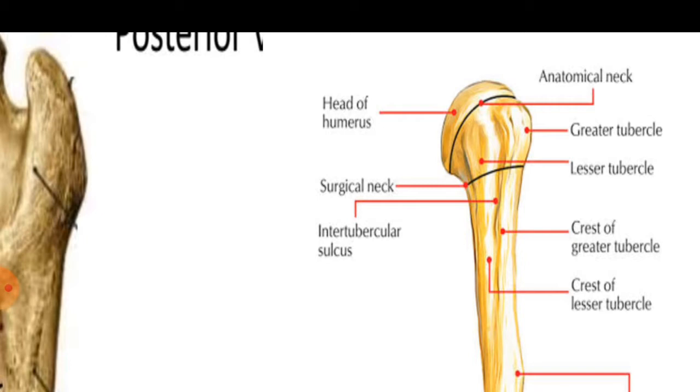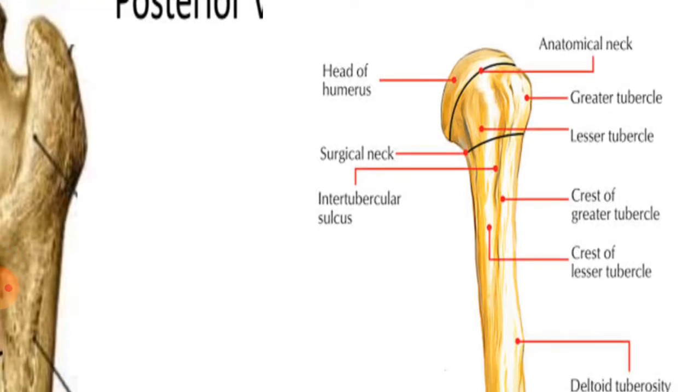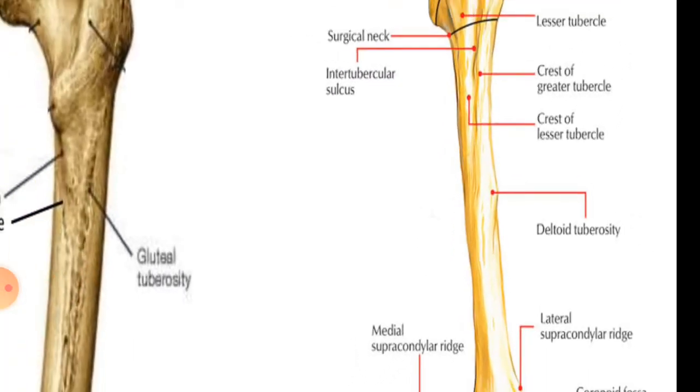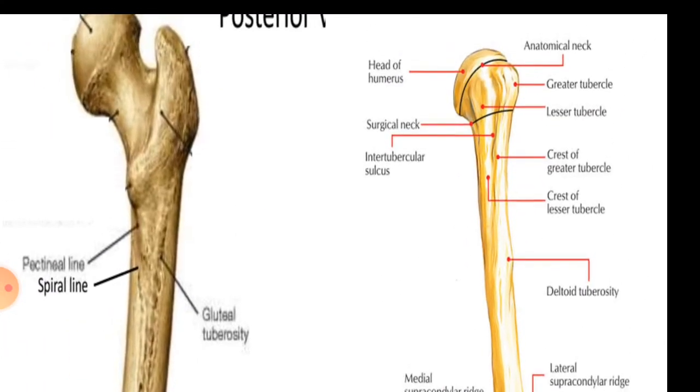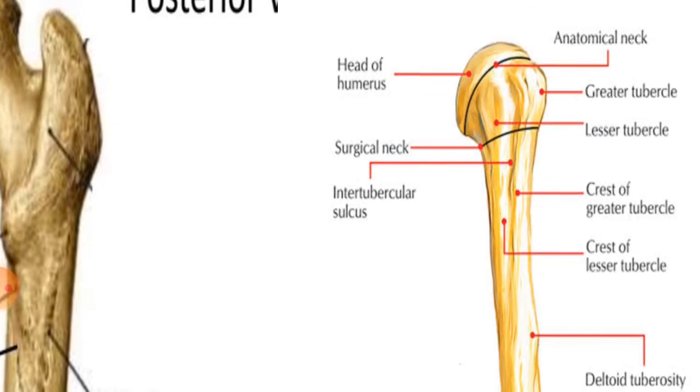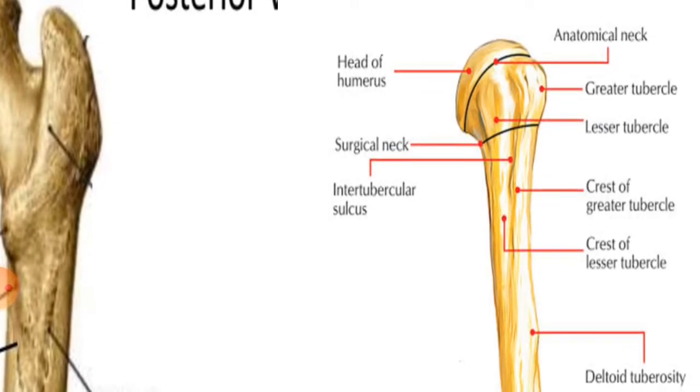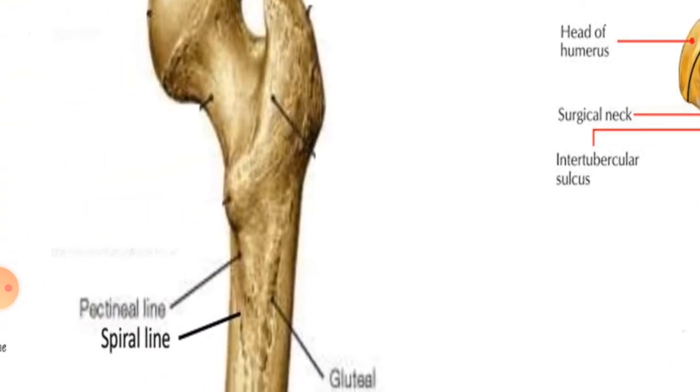Here you can appreciate the greater and lesser tubercle, and there will be the intertubercular space between these two tubercles, and this is the humerus, which is a long one, and there are tubercles. You can appreciate them in this image. There is a greater tubercle and there is a lesser tubercle, and between these two tubercles there is a space which is called the intertubercular space.